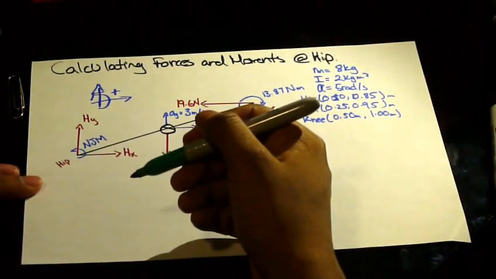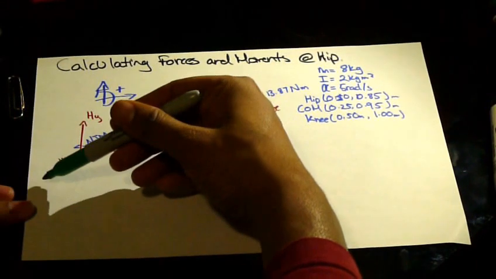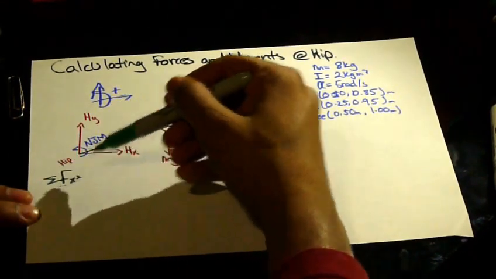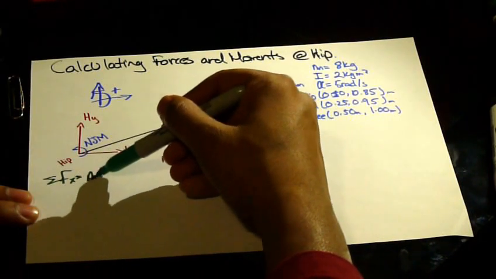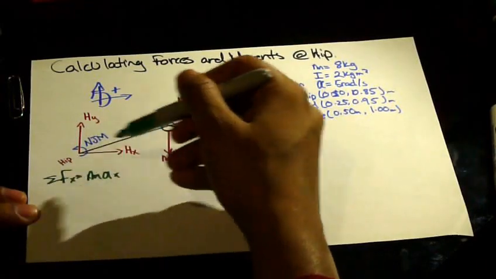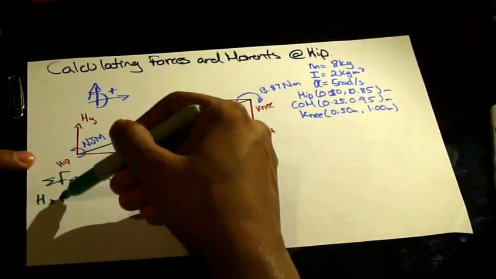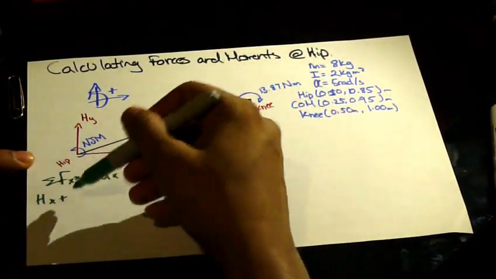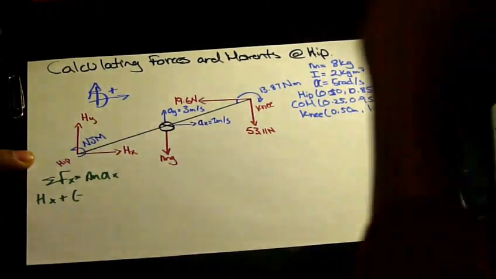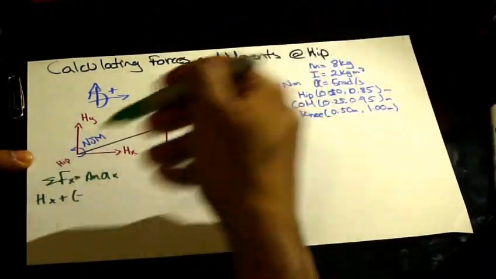Alright, so we will start by calculating the sum of forces in the x component, which equals the mass multiplied by acceleration in the x. So the sum of forces in the x are unknown, Hx, plus our negative 19.6. It was calculated as positive, however, when you transfer it over, it becomes negative, it's going left.